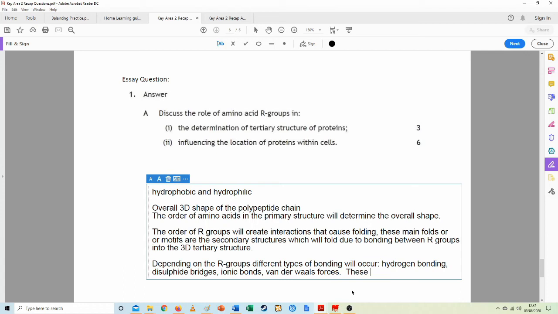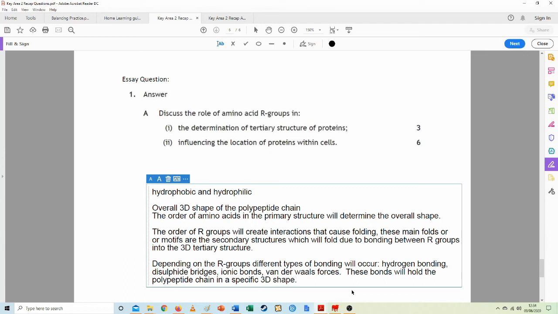These bonds will hold the polypeptide chain in a three-dimensional shape.